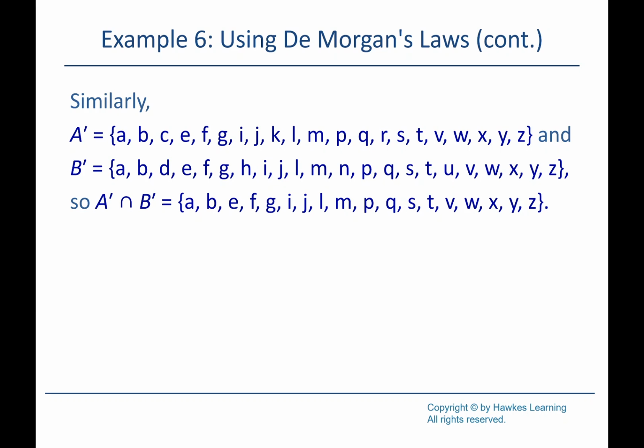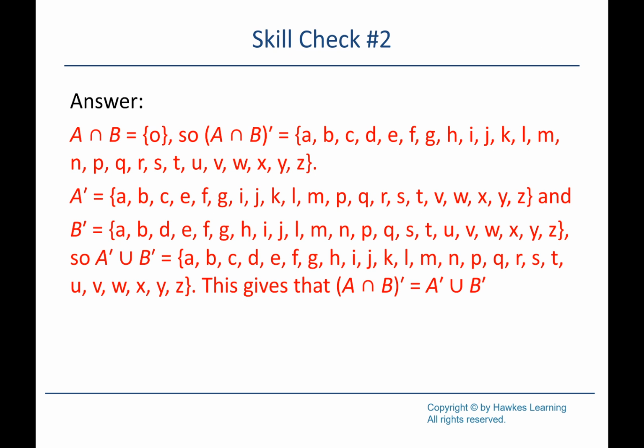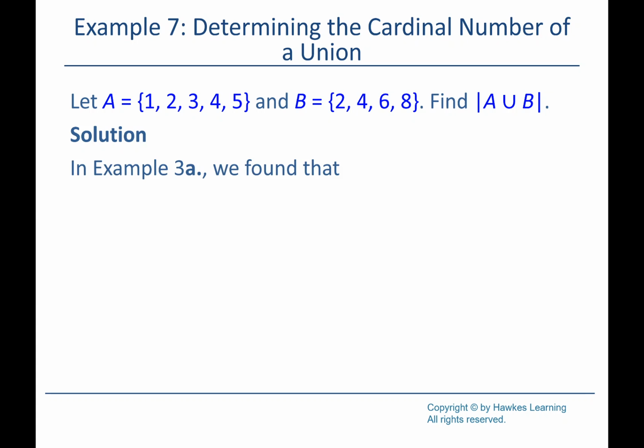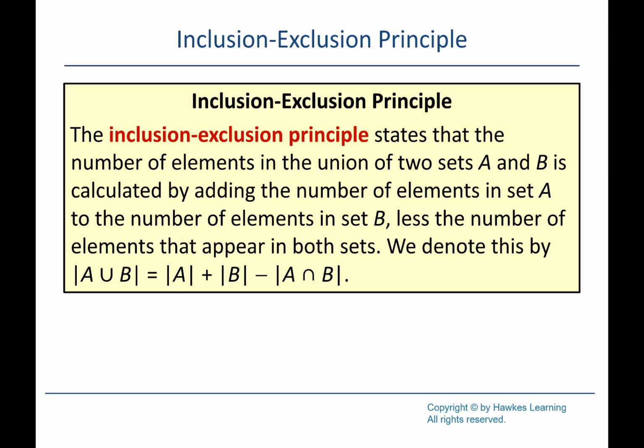One more useful thing in this section is called the inclusion-exclusion principle. And you can actually use this thing in several places throughout this class. So the idea here is we're not necessarily worried about listing out the sets.